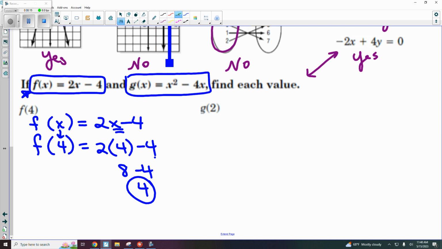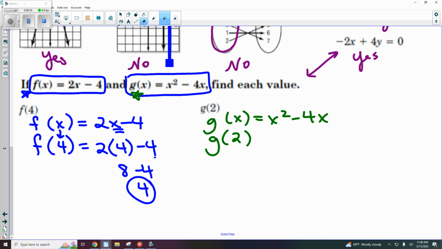And same thing over here for this one. We have g of 2. So we're going to use our g function here. Right above that, I'm going to write g of x equals x squared minus 4x. And every time now we see an x, we're going to have to replace it with 2. So if you notice, I have 2 x's, this one and this one. Both of them are going to get replaced with 2.